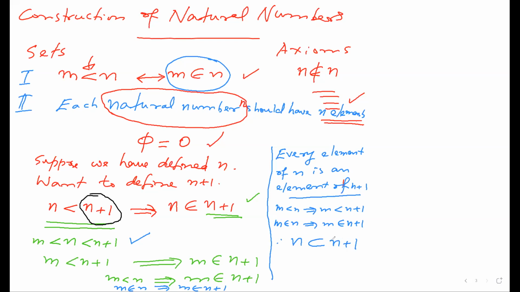Forget for a moment, yeah, n is a subset of n plus 1. But n is also contained in n plus 1. There, isn't it? Strange.